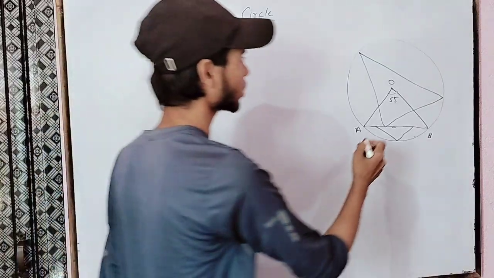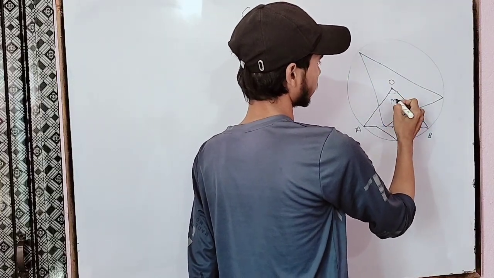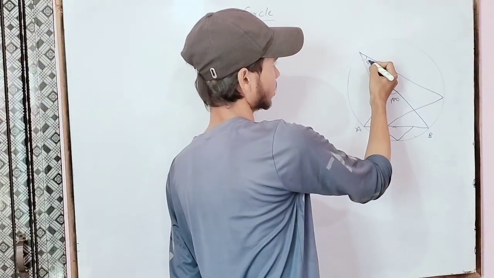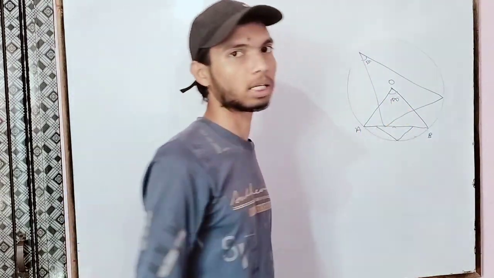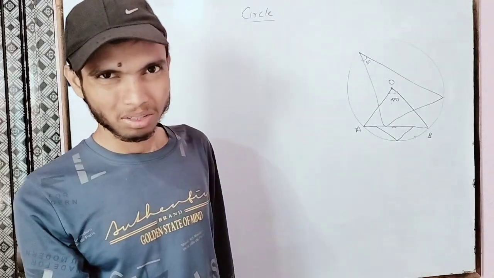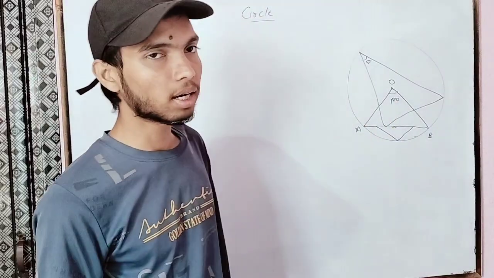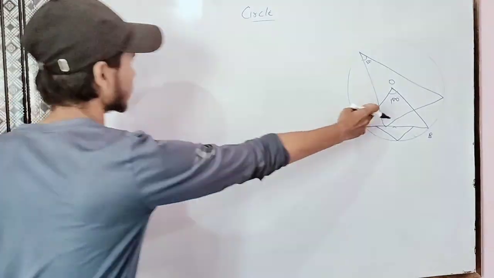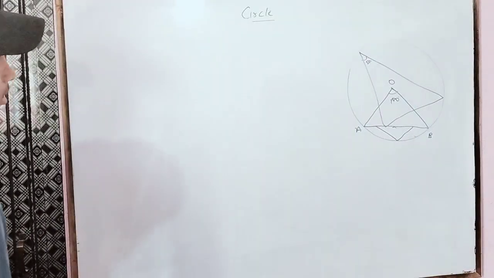Now, if this is 55, let's say this is 100. So it will make how much? 50. You can see it will be half of this angle. This is a theorem. So this angle is making 100 degrees, and this one will make half of it. Clear? And this was the concept from this circle.